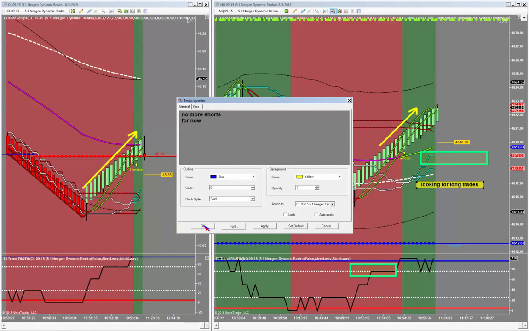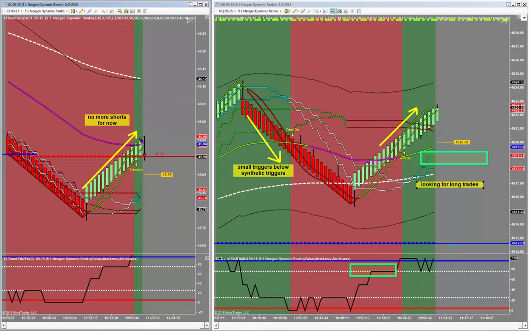Right? We want our small triggers and price to be on the correct side of all of our areas in our synthetic triggers. So the small triggers are going up, but the areas stay down, which means we do a whole bunch of nothing for now.